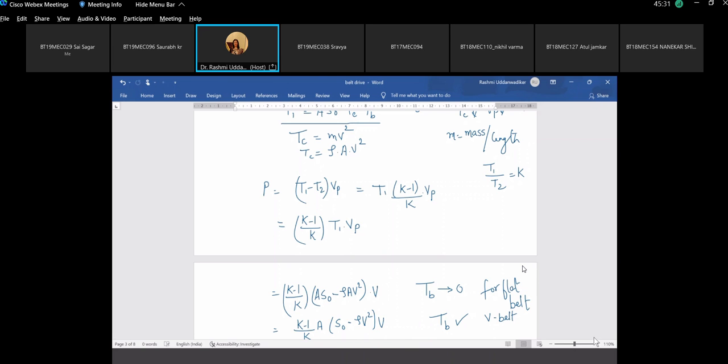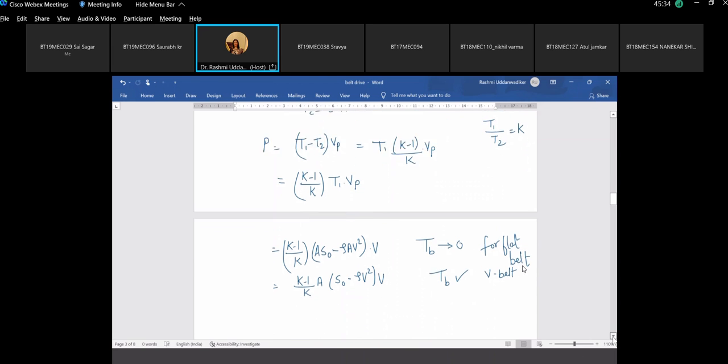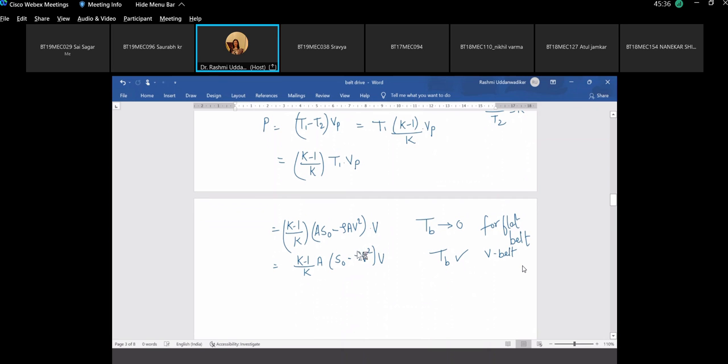Now you see this value of V, this velocity here is a negative term and here it is multiplying. So if I go on increasing the velocity V, power should increase, but this V square term will also increase. And with increase in V, this term will become smaller and smaller because this is negative.